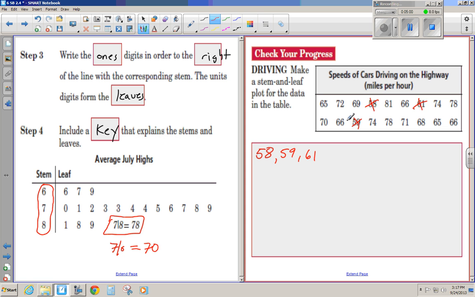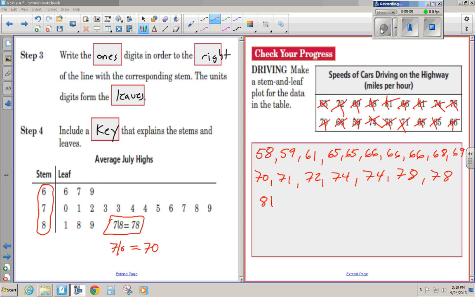All right, you can put these from least to greatest now. So pause the video and put them in order. All right, so this should have been all of the numbers in order from least, 58, to greatest, 81. That means our stems are 5, 6, 7, and 8.